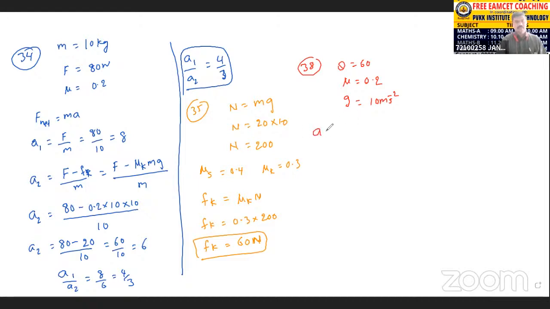We know the formula. Acceleration A is equal to G into sine theta minus mu k into cos theta. Substitute the values.